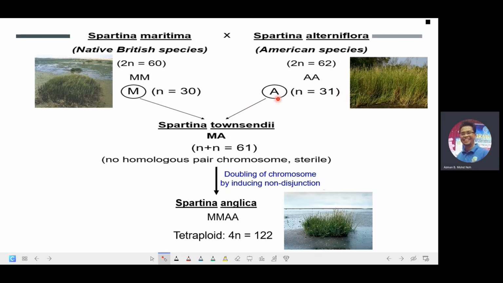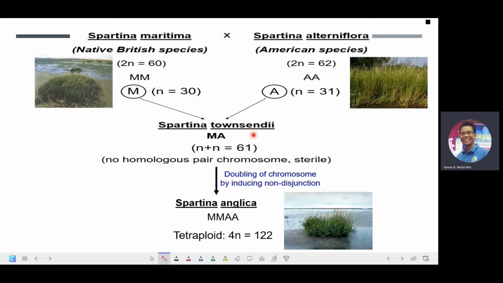When these gametes are fertilized with each other, a hybrid will be formed, known as the Spartina townsendii. This hybrid will show the combination of 2 sets of genomes. One will be the genome of the Spartina maritima and another one will be the genome of the Spartina alterniflora. The total number of chromosomes will be 61.